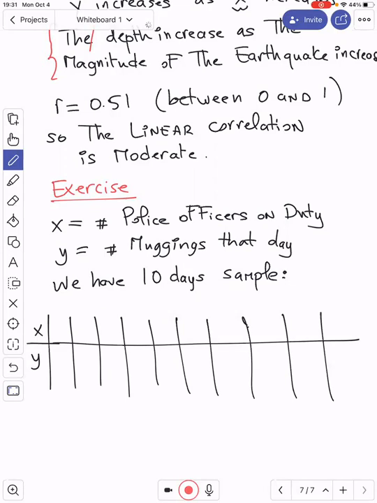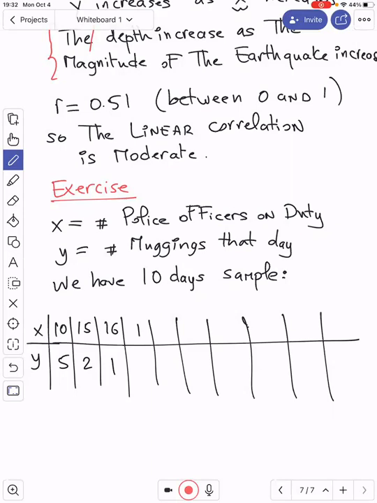For the first day, let's say we have 10 police officers on duty, and then we had 5 muggings that day. Then the next day we have 15 officers on duty, then just two muggings that day, 16, and then here, just one mugging.